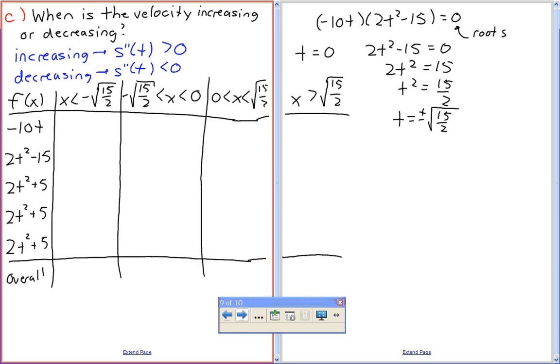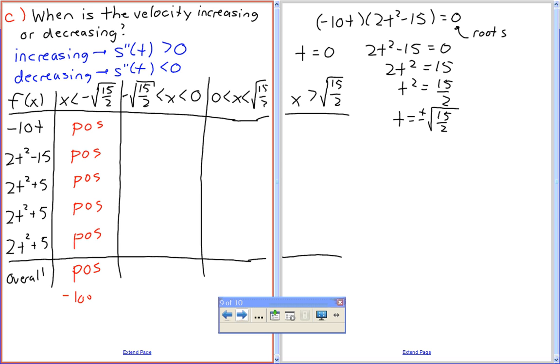I'm going to pick my favorite number less than negative root 15 over 2, which is negative 100. Negative 10 times negative 100 is positive. Negative 100 squared times 2 is a big number, minus 15 is still positive. These are all positive, so overall it's going to be positive.